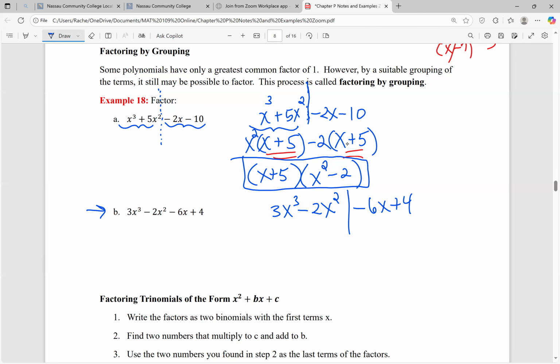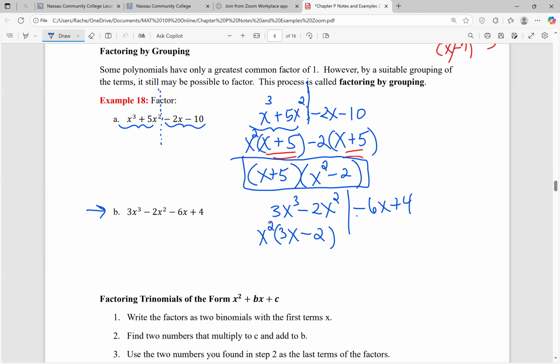So let's factor the 3x to the third minus 2x squared. So my greatest common factor is going to be x squared, so I'm going to factor out an x squared. 3x to the third divided by x squared is going to be 3x. And then negative 2x squared divided by x squared is going to be a negative 2.